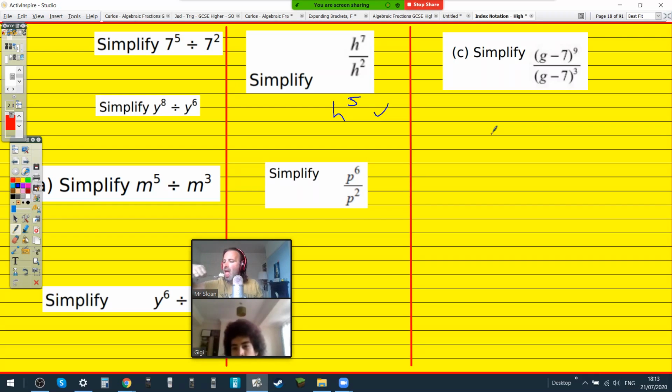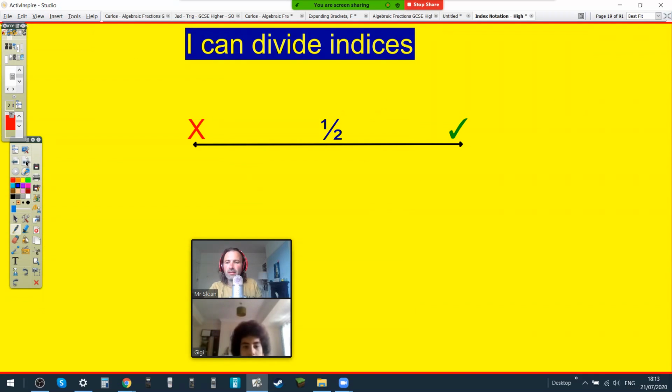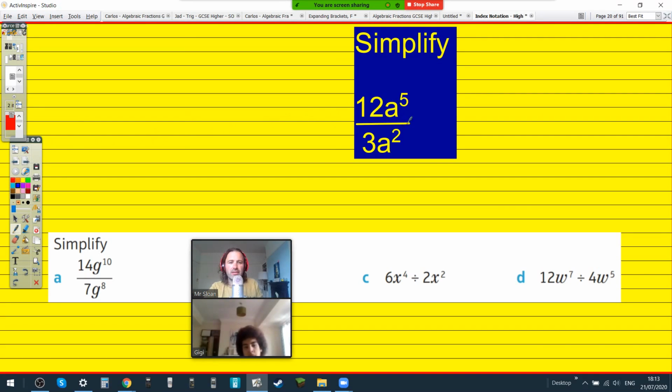G minus 14 to the power of 6. It is. You just copy the base g minus 7 to power 6. Oh. That only came up once on an exam. I'm not too worried. Dividing.